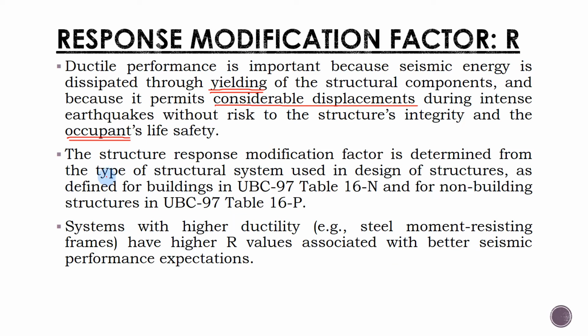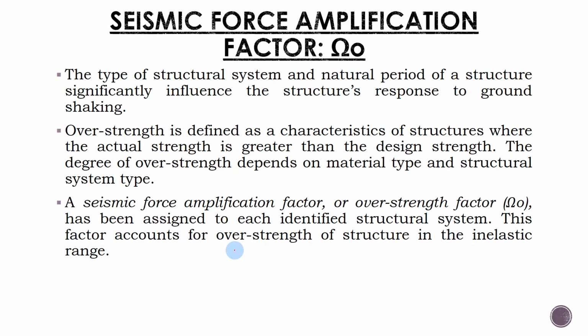So that is our basis, guys, for getting this R value: the type of structural system used for the structure. Then systems with higher ductility, say for example steel moment resisting frames, have higher R values associated with better seismic performance expectations. Okay, so, guys, if the R is high, it means the ductility is high. You will see that later in the table.